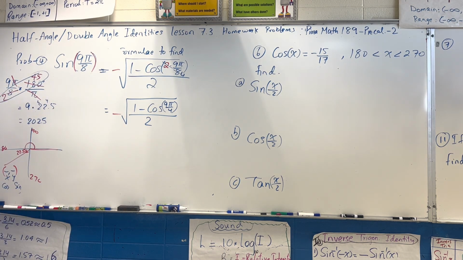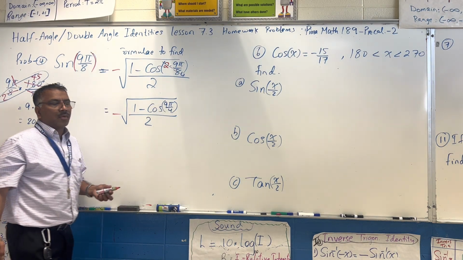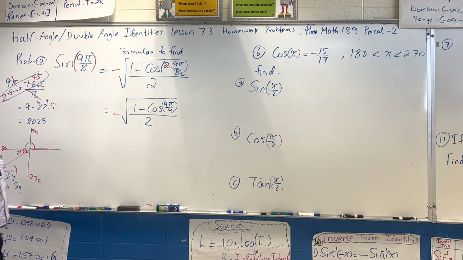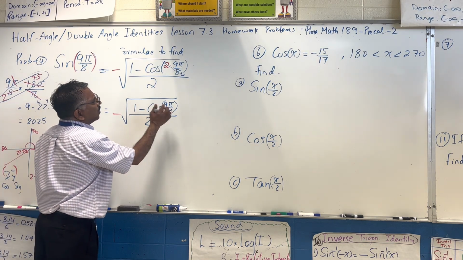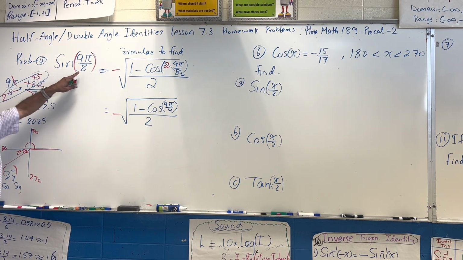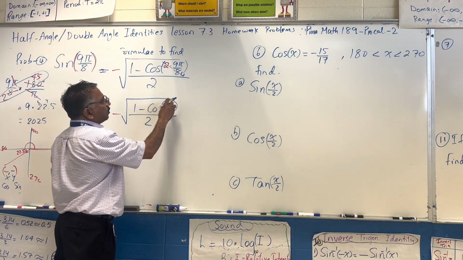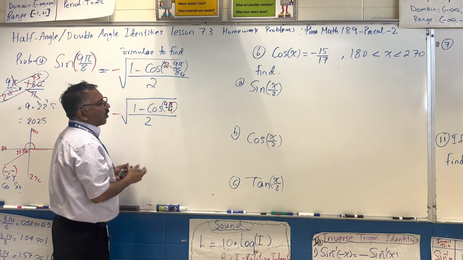That's the reason. But then you also need to be careful: what about this 9 pi by 4? So where is this 9 pi by 4? The one I changed to degrees was because it was 8 here. But right now, this pi by 4 we know. So what is pi by 4? It means 45, right?